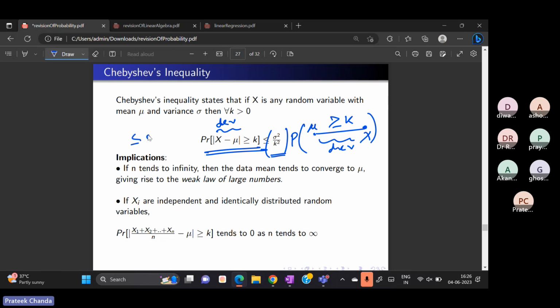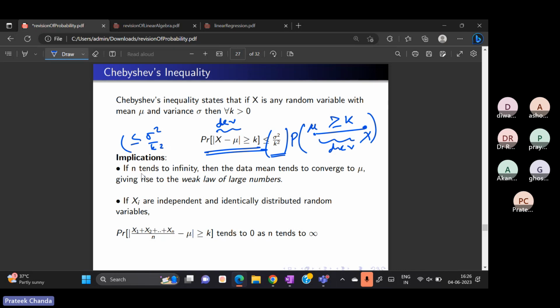So it's less than or equal to sigma squared by k squared. And again, it's very easy to show this. You can again go from the first principles to check how this expression comes up. And so what does this actually mean?